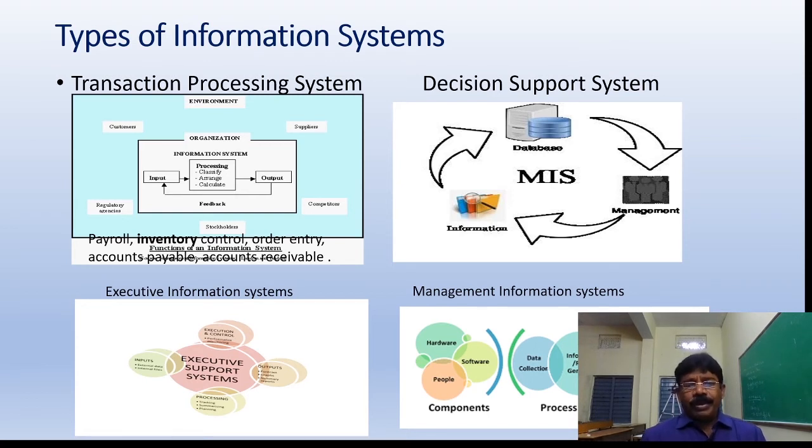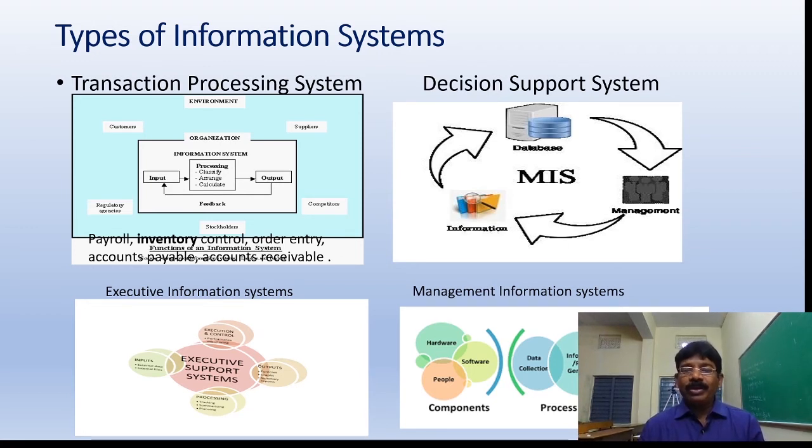Then coming to our MIS, management information system. Management information system consists of people, hardware and software. So I am recording this video with the help of people, with the help of software, the OBS software I am using, and with the help of a laptop. After that, I will upload it to YouTube, which will help you to refer, and by seeing this video you people may understand how to generate accounting reports as well as inventory reports.